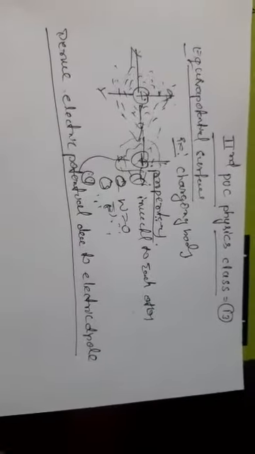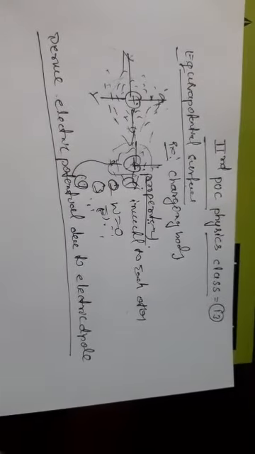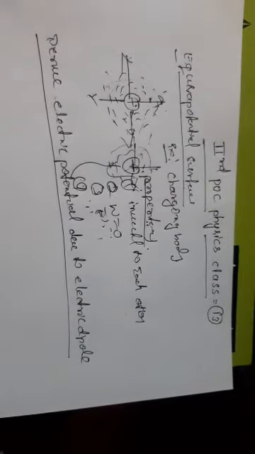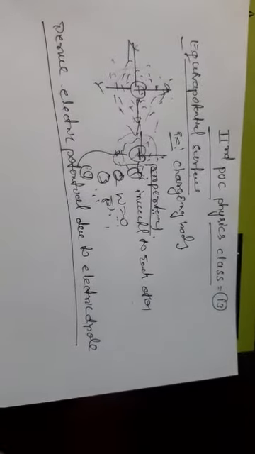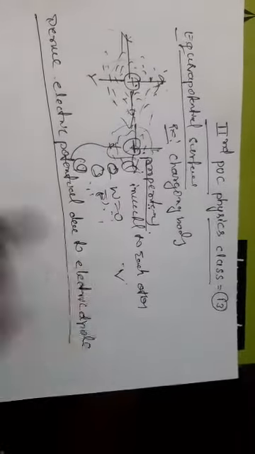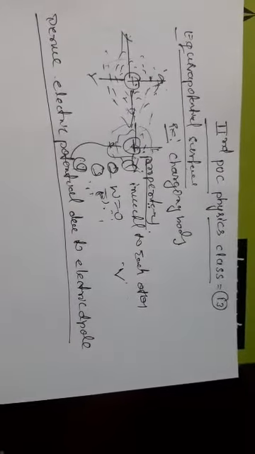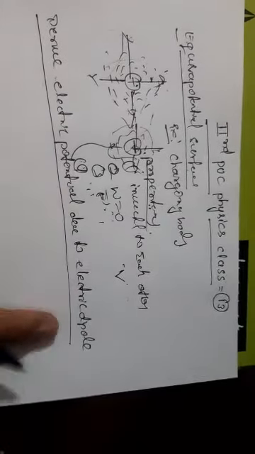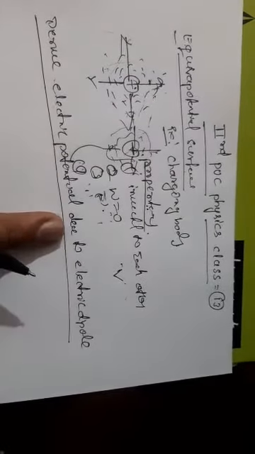Electric potential is the work done in bringing a positive charge, and it is represented by the symbol V. Using an electric dipole, find the electric potential.